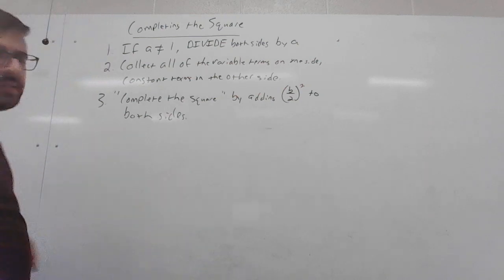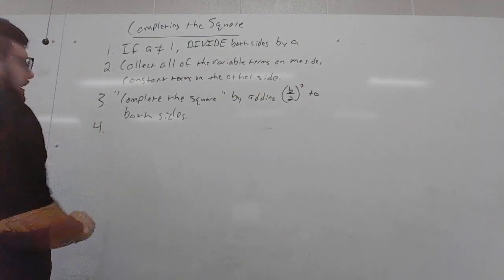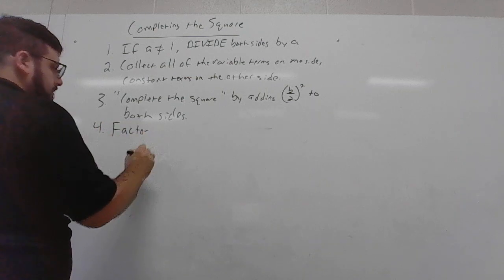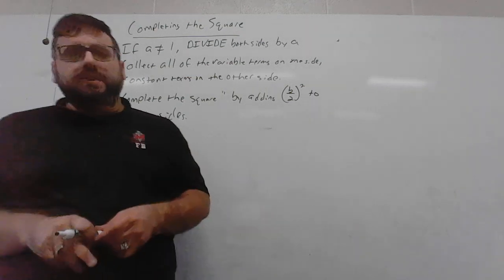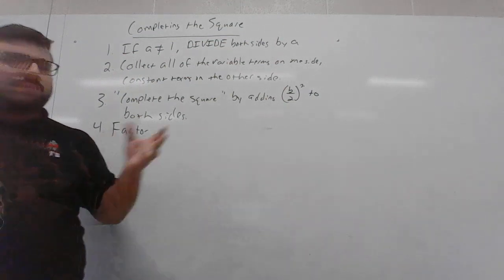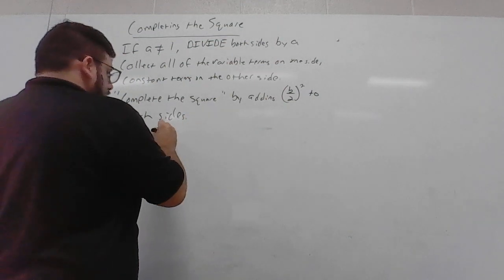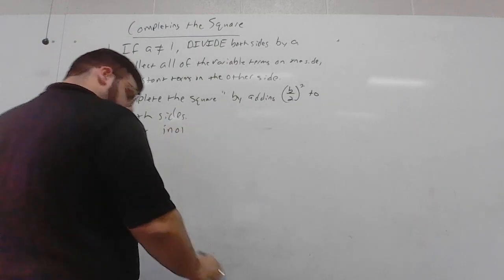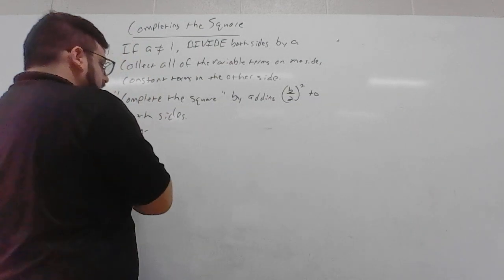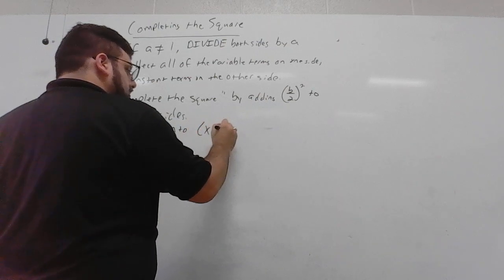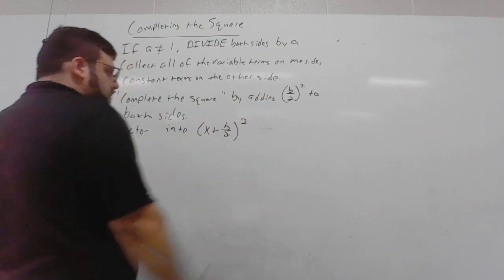That's why it's called completing the square. Then, of course, we want to factor. And when we factor, that trinomial that we just made is now a perfect square trinomial, so we're going to factor into x plus whatever my b over 2 was, squared.